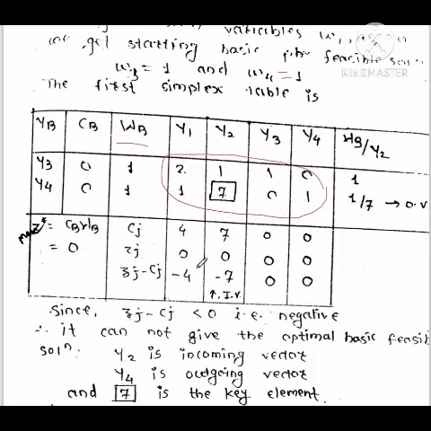Since CB is 0, CB into Y1, Y2, Y3 and Y4 are all 0, so Z1, Z2, Z3, Z4 are 0. Now Zj minus Cj is minus 4, minus 7, 0, 0.